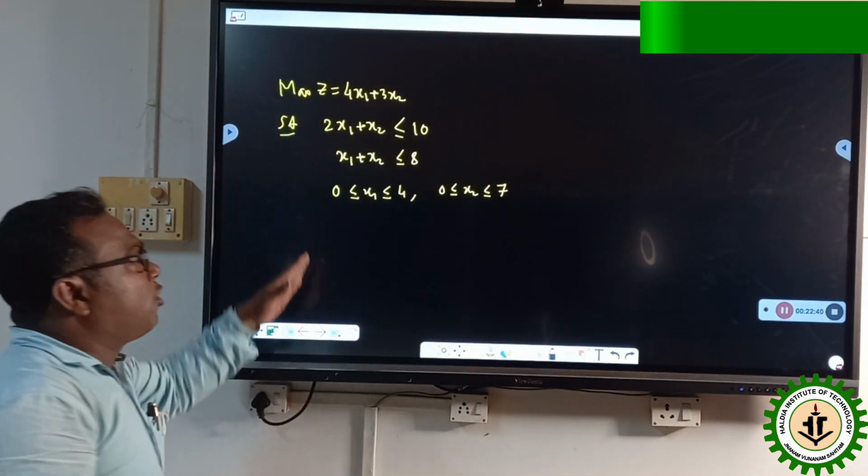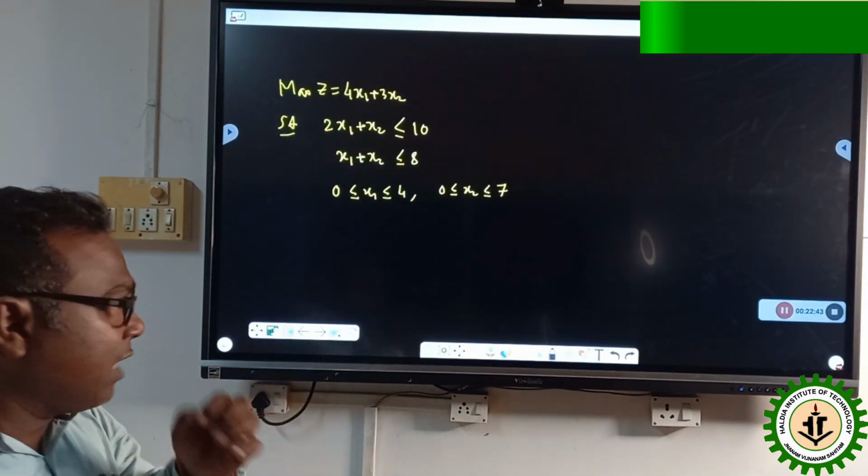So let us choose this problem and try to find the solution by the graphical method.